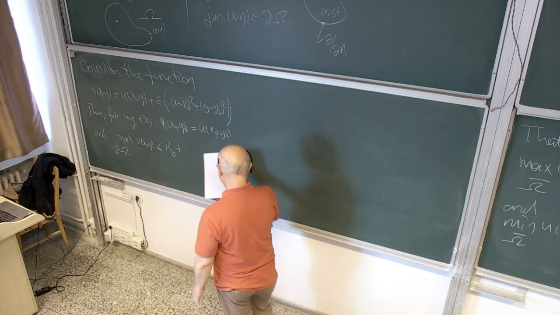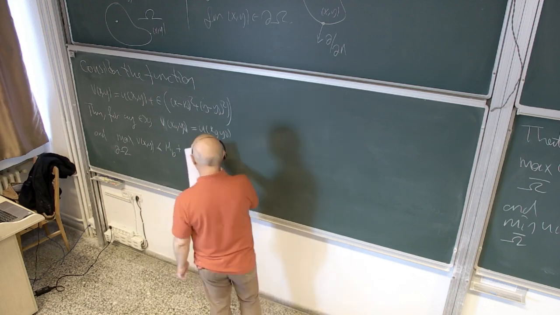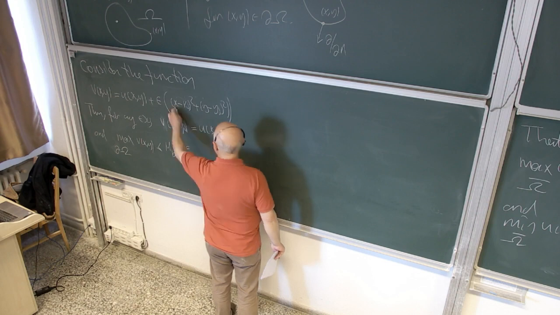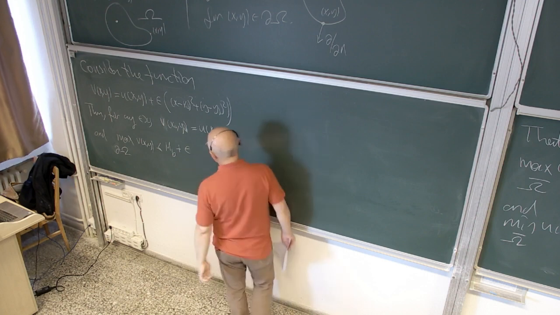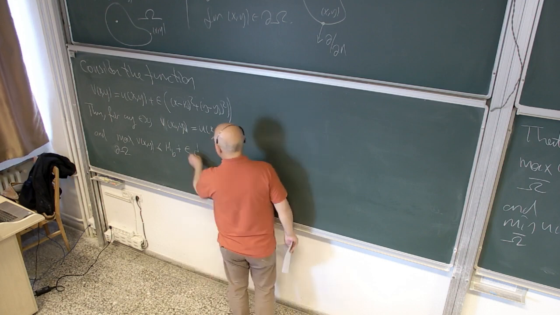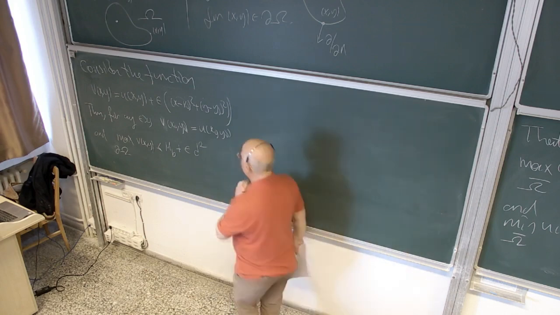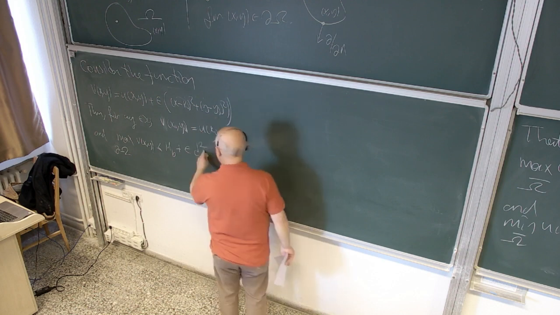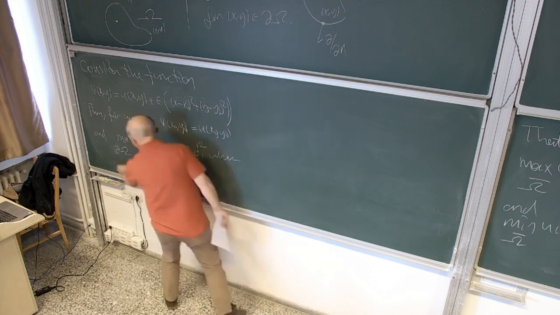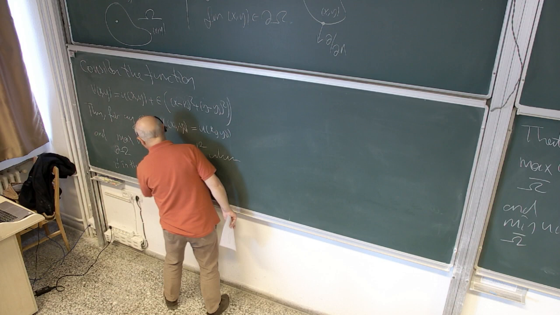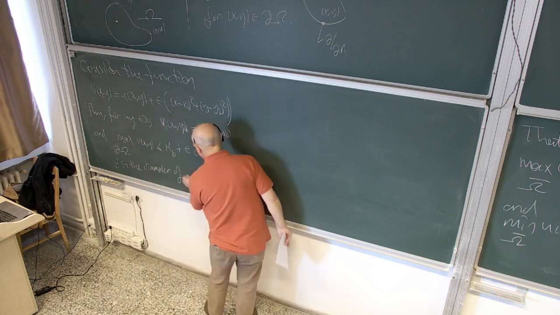What is the maximum value of this function on the boundary? It is epsilon times the distance of x0, y0 to the boundary of the region, sorry, of this point to the boundary, which is less than or equal to d, where d is the diameter of this region.